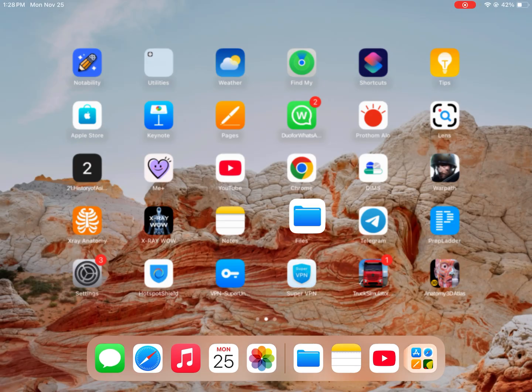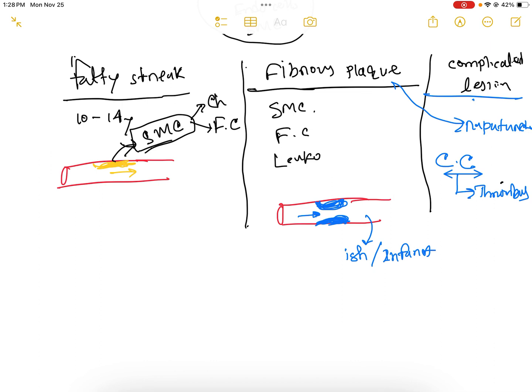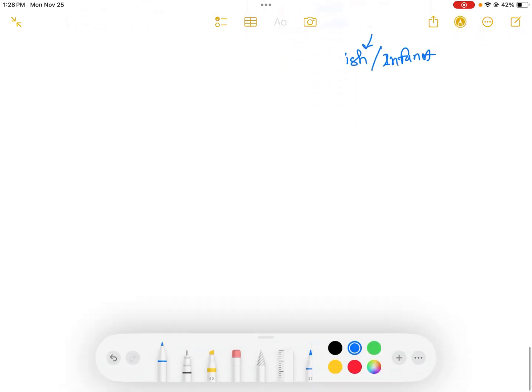Now, clinical manifestations. Clinical features or clinical manifestations. The principal symptoms of ischemic heart disease are chest pain or angina.